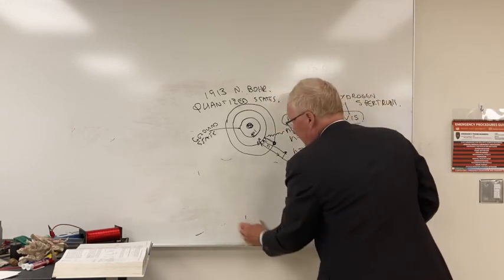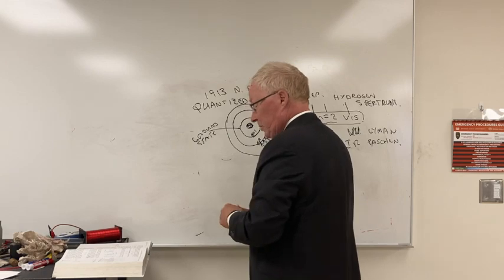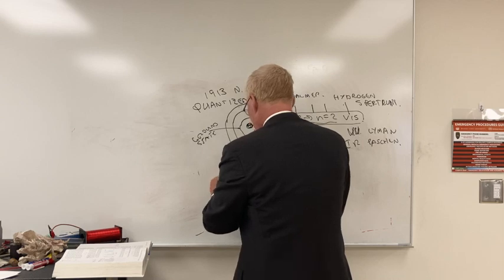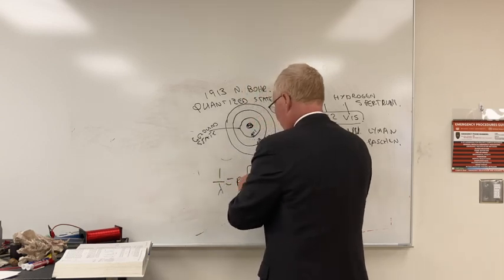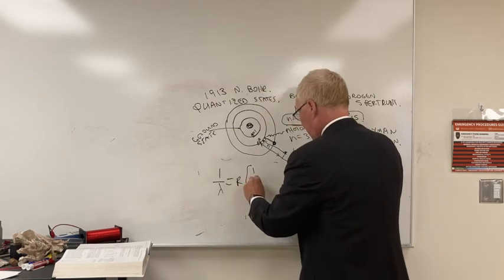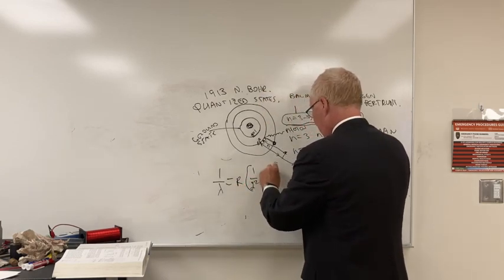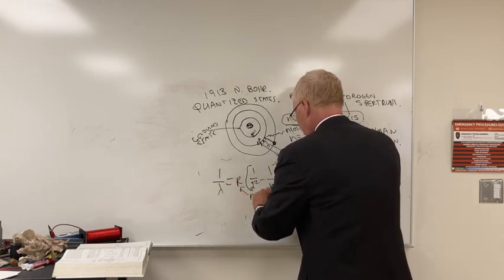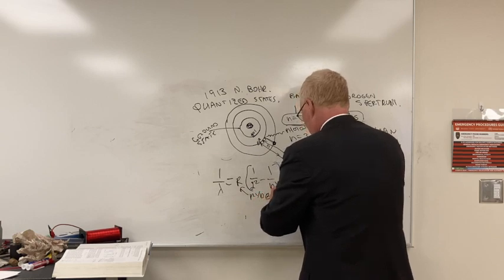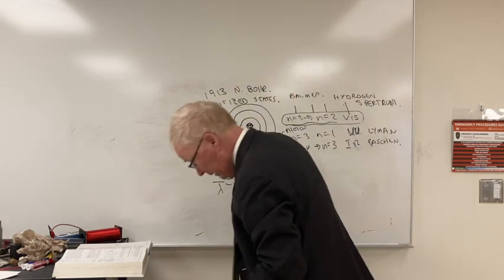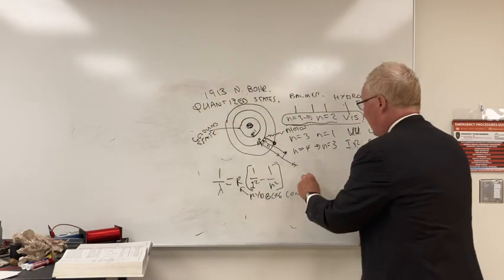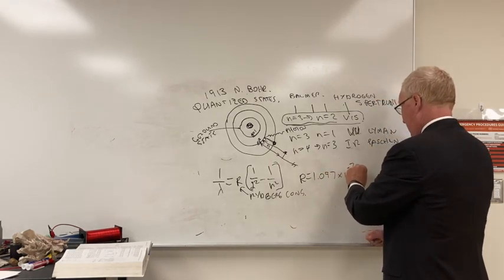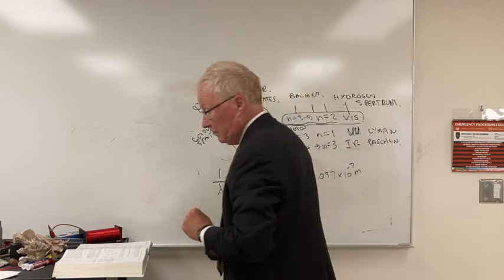And so what we have here is the model, the formula: 1 over lambda is R times (1 over 2 squared minus 1 over n squared), where R is the so-called Rydberg constant, in meters to the minus 1.